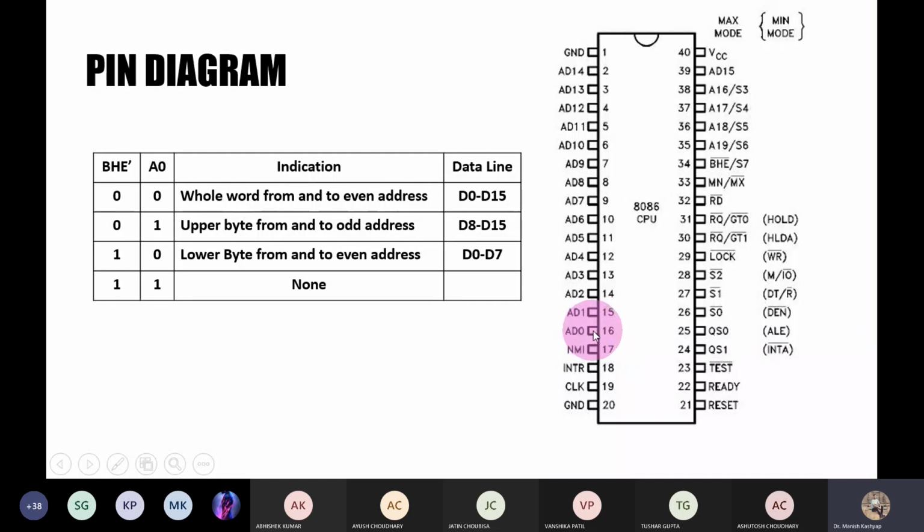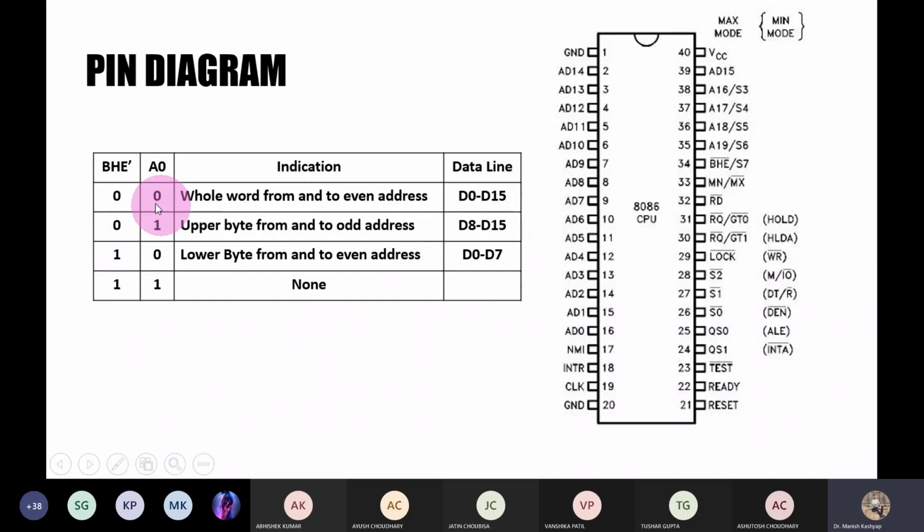As you know, in a binary number, if the least significant bit is 0, the number is even. So A0 signifies whether the address we are using is even or odd. If it is 0, the address is even, and if it is 1, the address is odd. And BHE bar will also have values of 0 and 1, right?